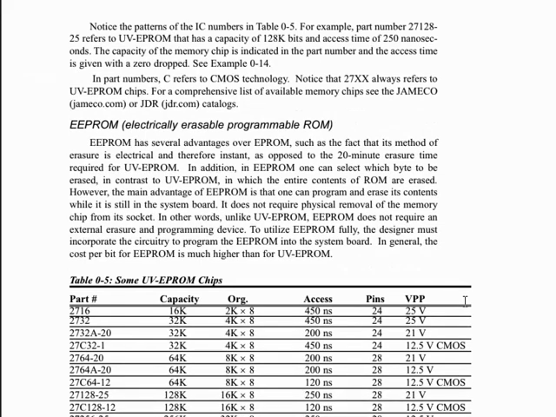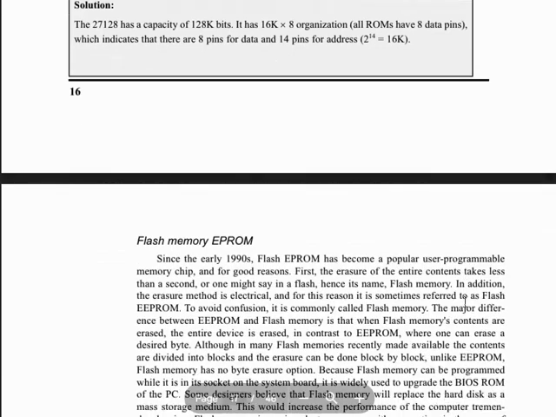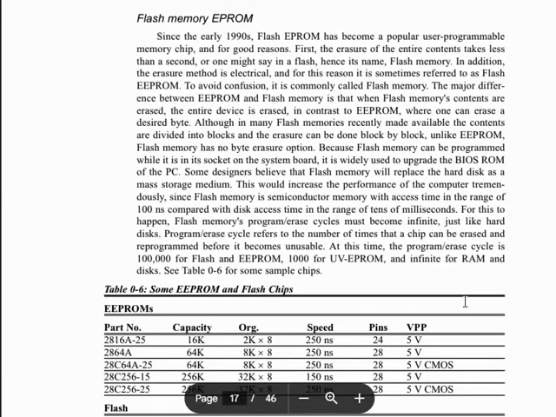Then we move on to the last one, which is flash ROM, a type of EEPROM that can be erased and reprogrammed in blocks, faster and more efficient than the traditional EEPROM, widely used in modern electronics such as smartphones, computers, and gaming consoles.